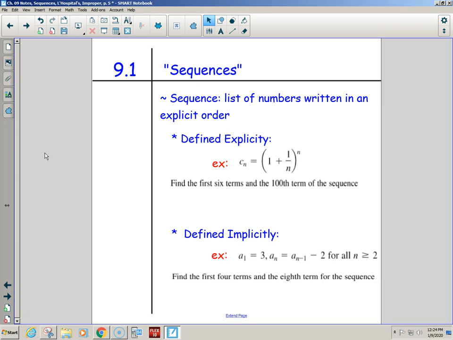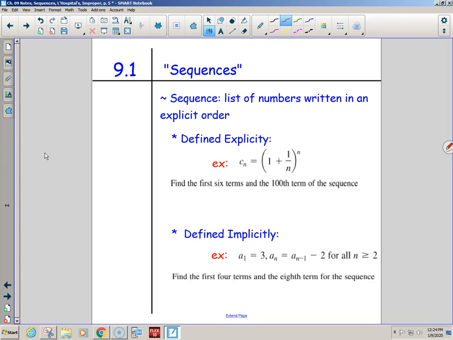Q sub N, K sub N, L sub N, I don't know. But who's N again? The term, yeah, the first, the second, third. Now be careful, the first term is sometimes the zeroth term, like when T is 0 in physics at the beginning. But, yeah, we could say N is 1, N is 2, N is 3.